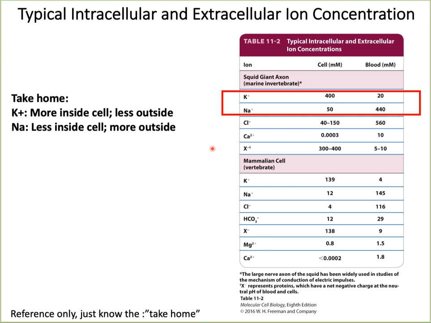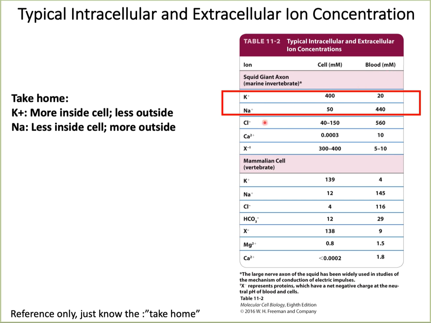Among those, the sodium and the potassium gradient is the most important to maintain many biophysical properties, for example, cellular communication or excitability. The K+ concentration is much higher in the cytosol, maybe 20 to 40 times higher than the extracellular fluid or blood.